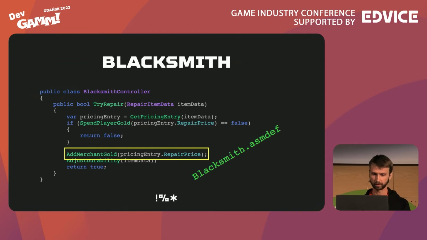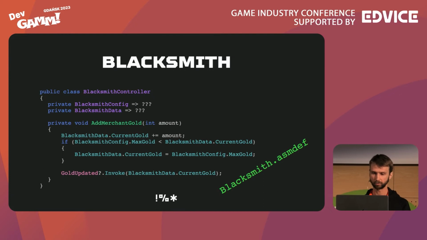The last one, the add merchant gold method, is complicated because of two things. We would like to have this blacksmith config taken from some point of our system, right? But let's say we already have some game config controller that manages other configs, for example, items config, maybe some RPG config. And this game config controller is responsible for A/B testing, maybe some cloud features.